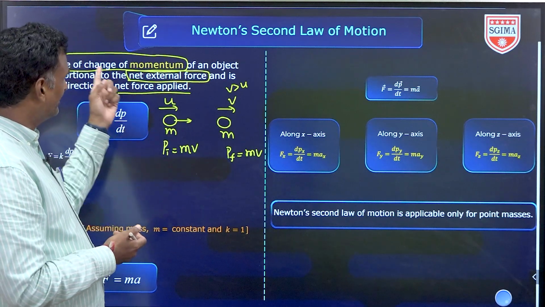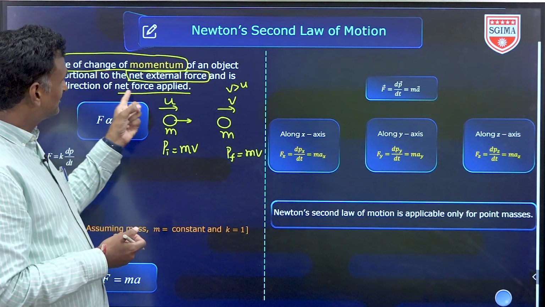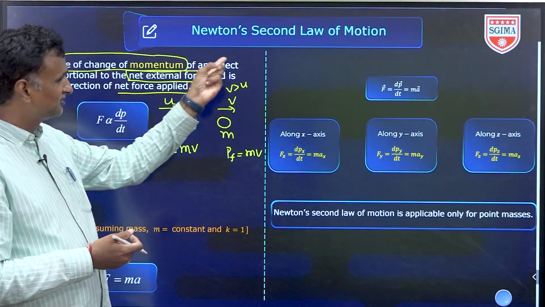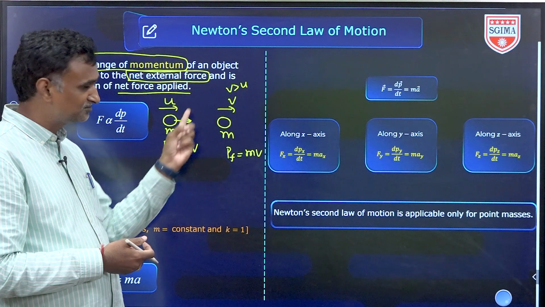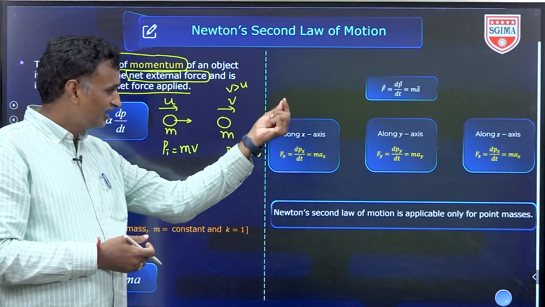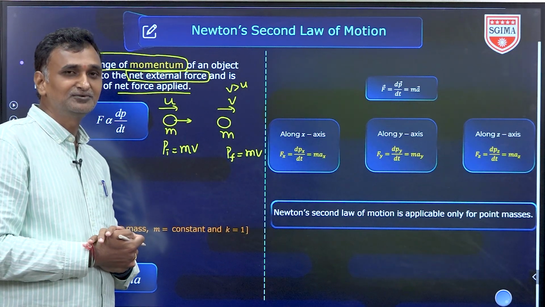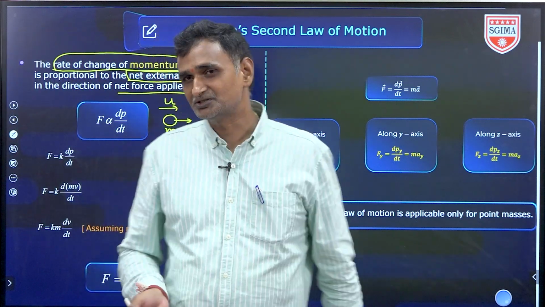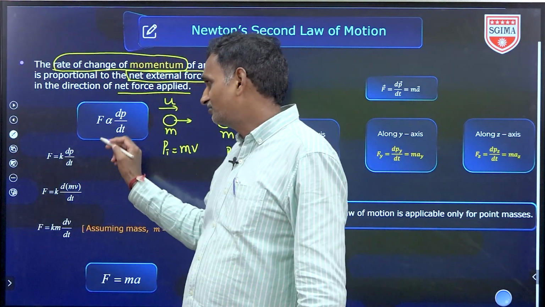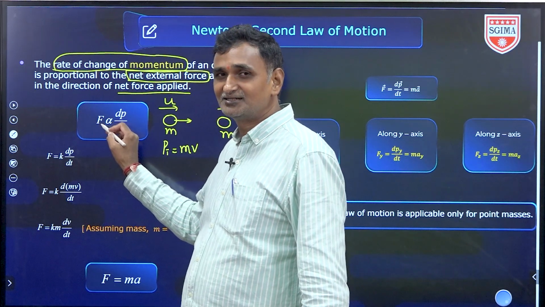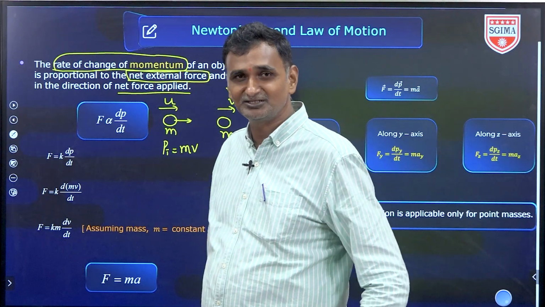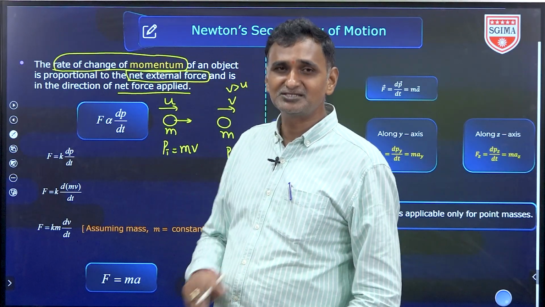So according to the definition, the rate of change of momentum will be in the direction of the applied force only. We can learn this in detail from the equation itself. According to the statement, this is F net external; there is no need to consider internal forces. If any internal forces are present, we need not consider them.